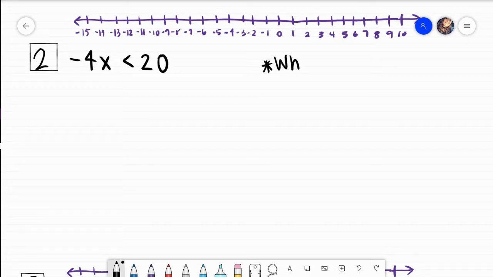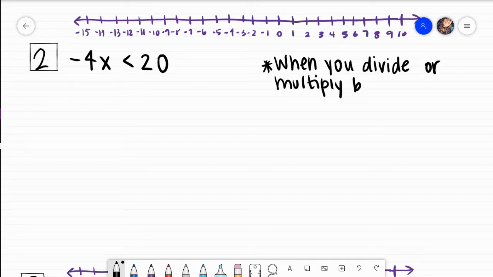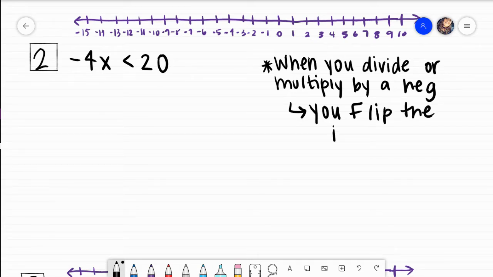It's very critical that when you divide or multiply by a negative, you flip the inequality sign.